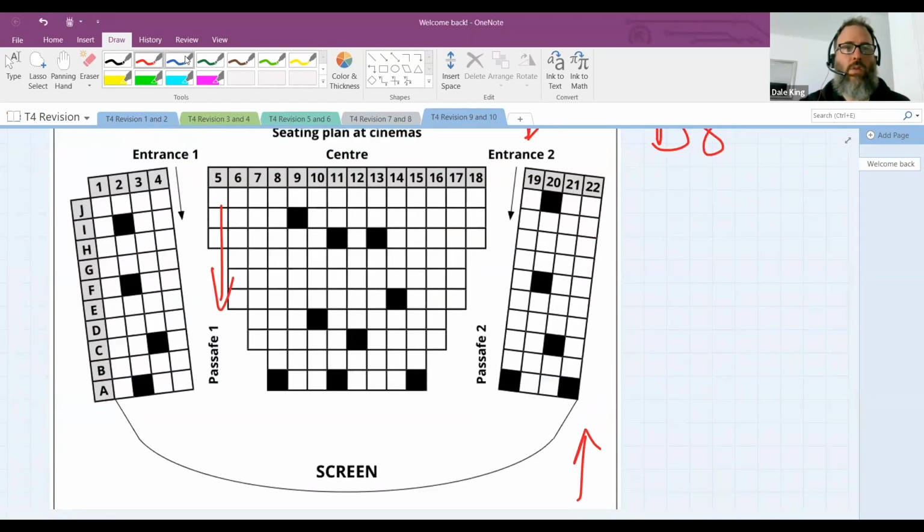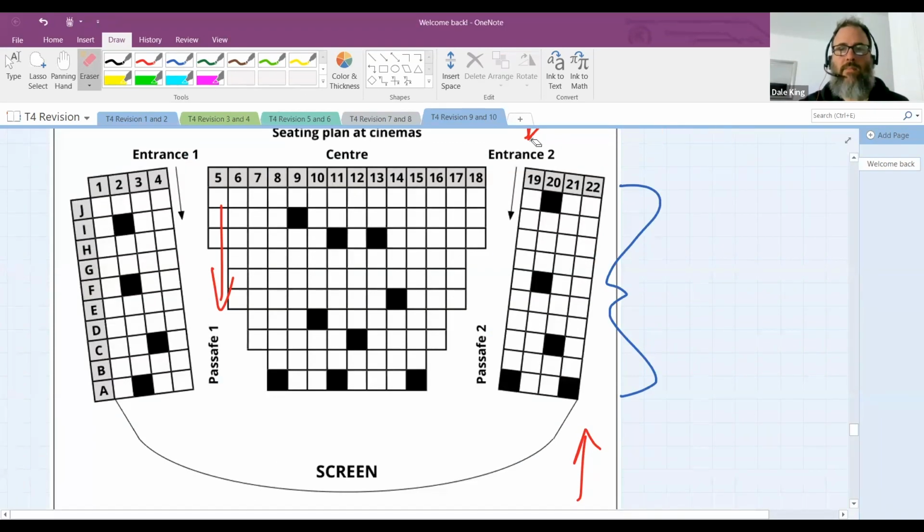Okay, so they're obviously talking about this block here. Let's see who can do it fastest. How many seats are available there? Don't guess. The ones that are colored in black are not available. The rest are available. How many seats are available?